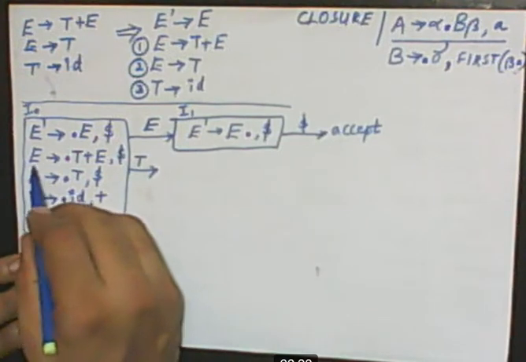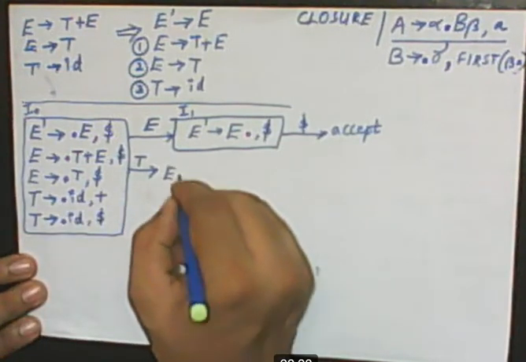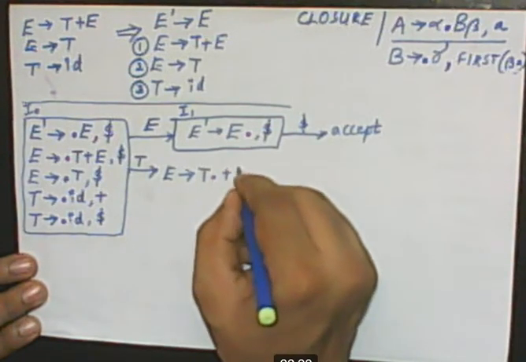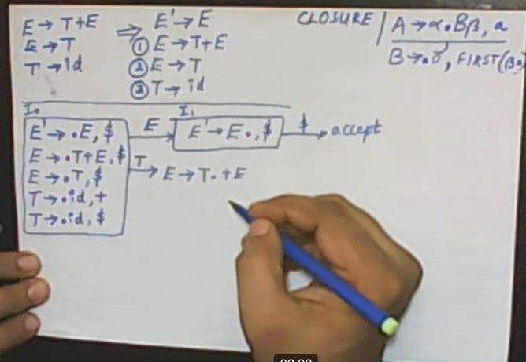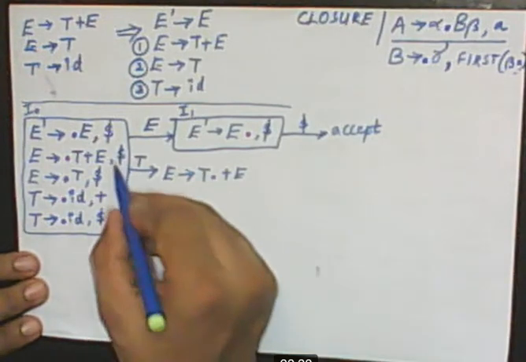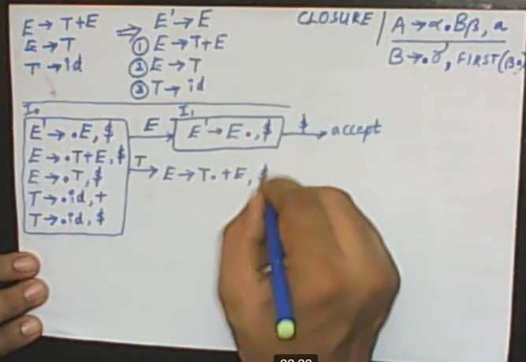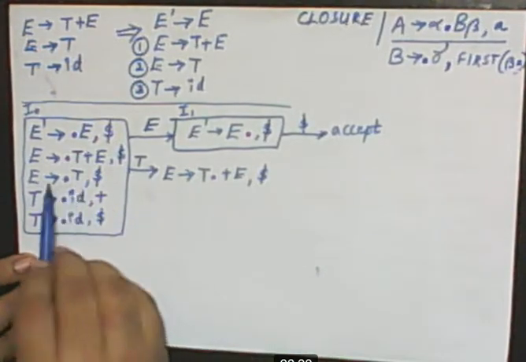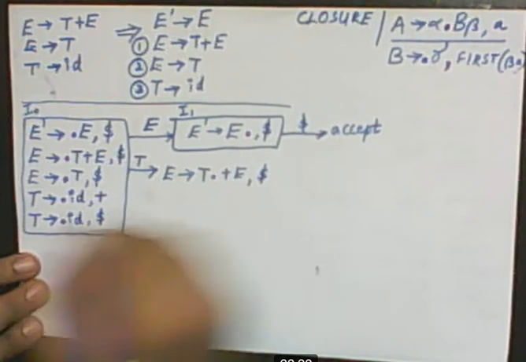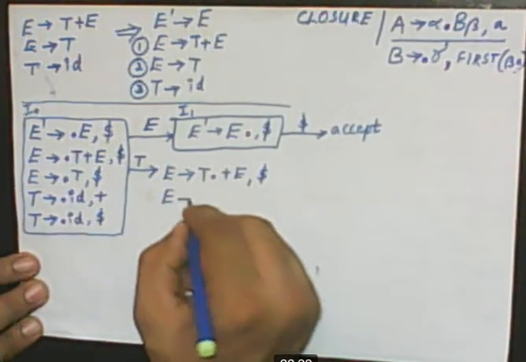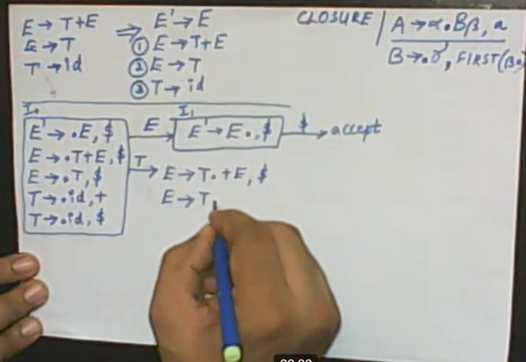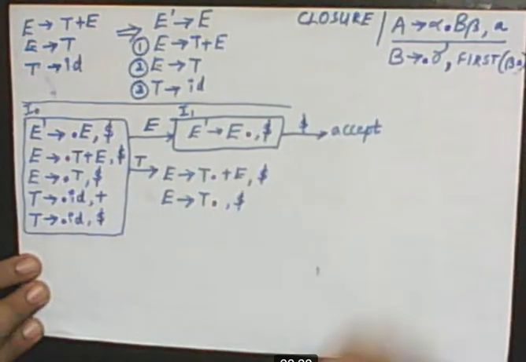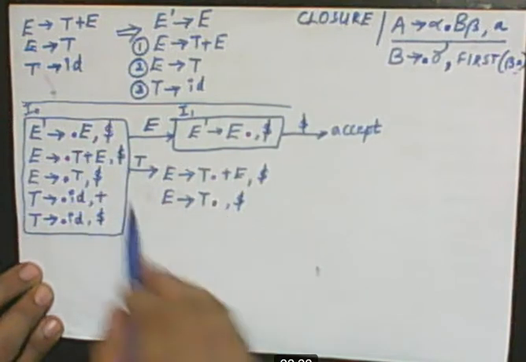It is E gives T dot plus E, and since the look ahead will be transferred, you simply transfer it. Here you should also consider E gives T dot, and the look ahead also has to be mentioned. You cannot have any other transition.